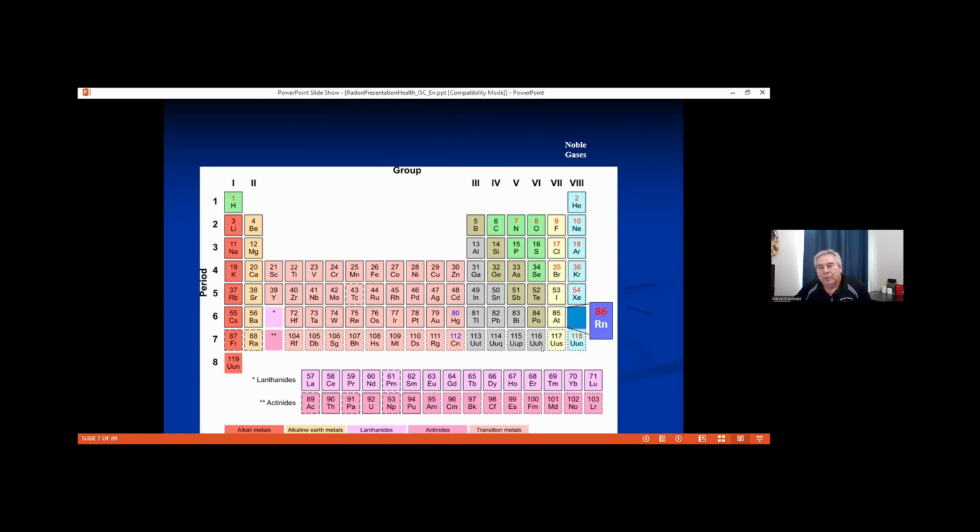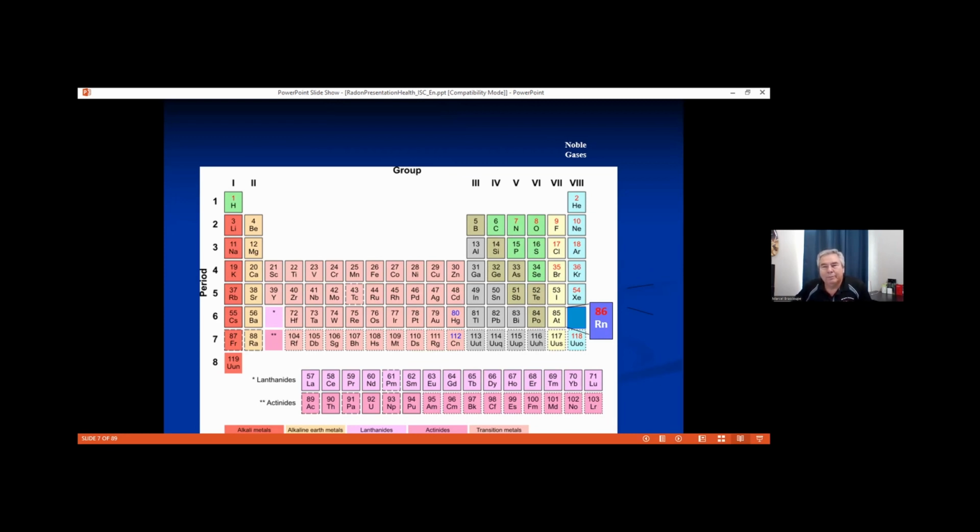Now, if we go a little lower, in the purple square, we see Rn, the letters we use to identify radon. Like I mentioned in the previous slides, in order for it to be considered radon, it has to have 86 protons. So here we see 86. The atomic number for radon is 86, and it has 86 protons. If we go a little to the left, we see Po, for polonium.